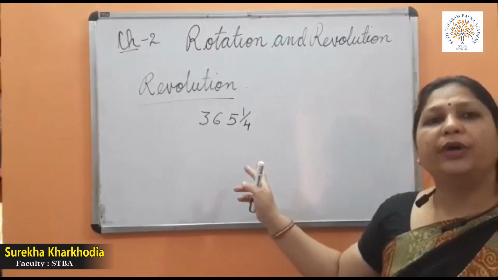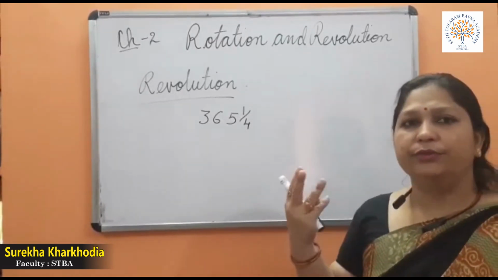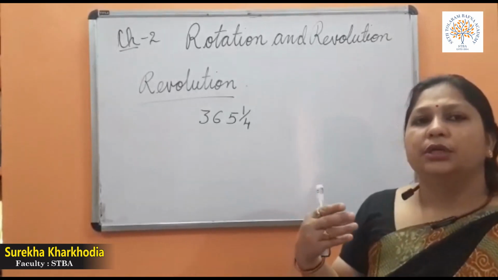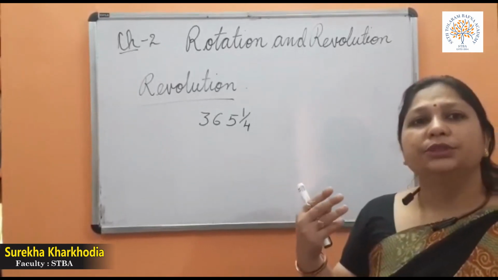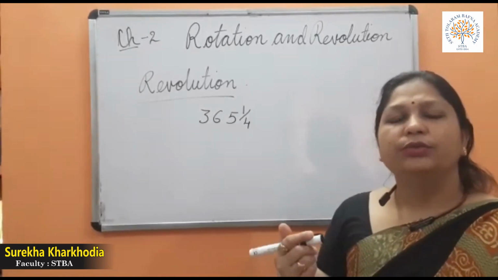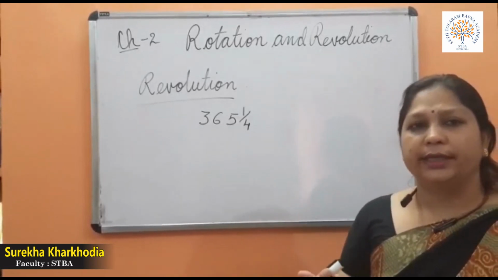How will you find a leap year? You know that after every 4 years there is a leap year. But if some years are given to you to find out which one is the leap year, how will you calculate that?